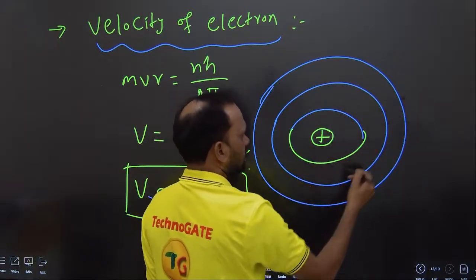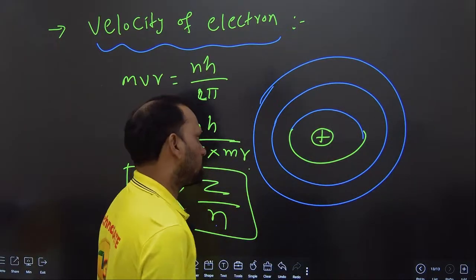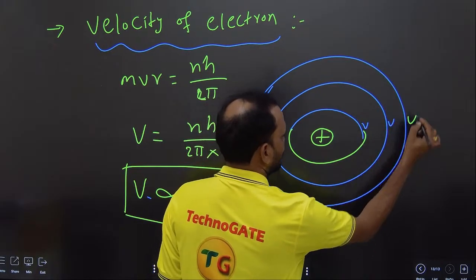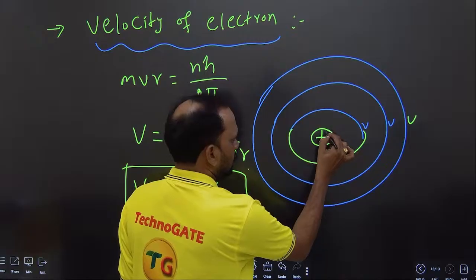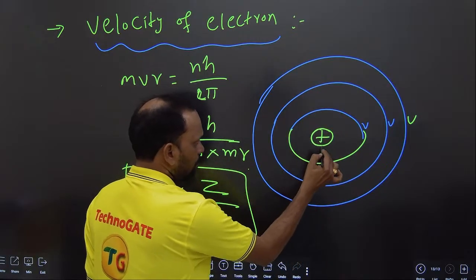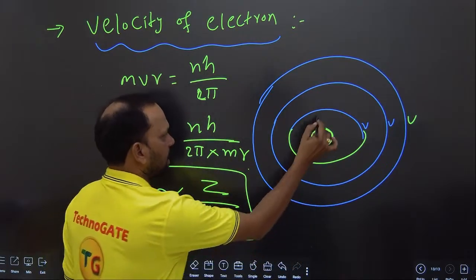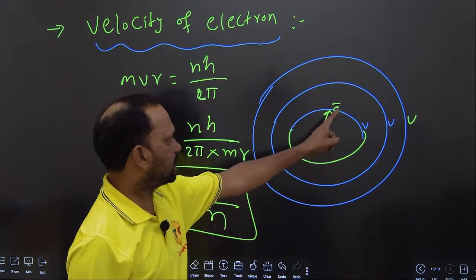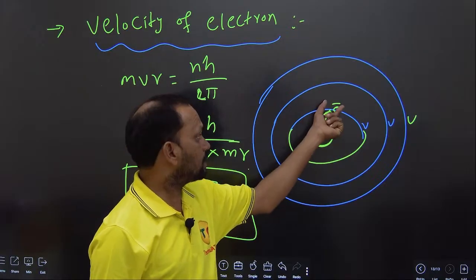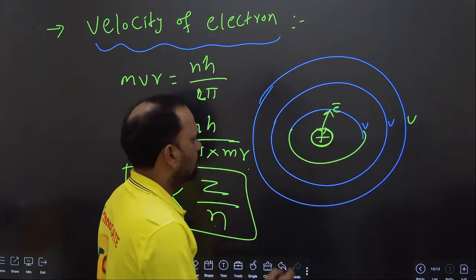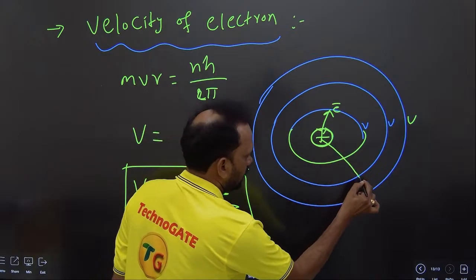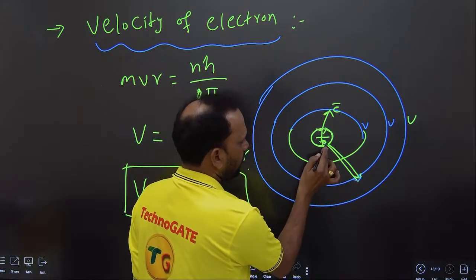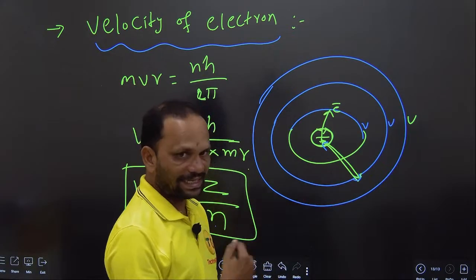If n increases, radius also increases. That's okay. But what about velocity? Velocity decreases, because there is a strong attraction between the nucleus and the electron. That's why there is more kinetic energy. Now, if you increase the radius or the principal quantum number, the bonding between the nucleus and the electron decreases.